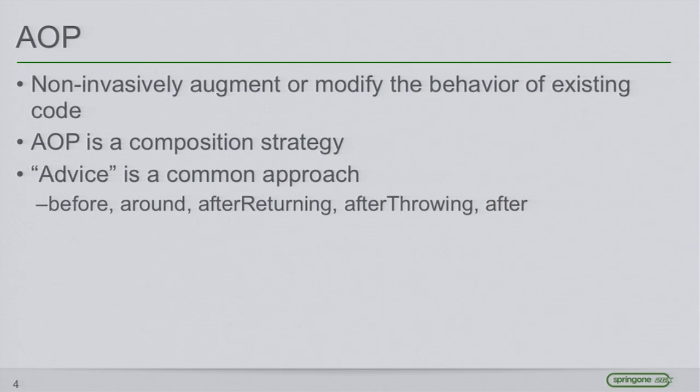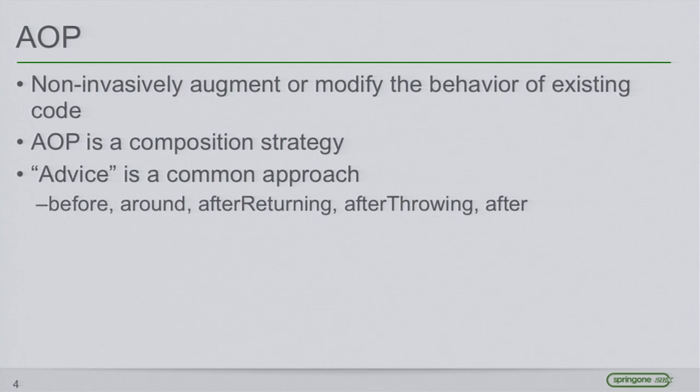So if you've used Spring AOP or AspectJ, you know that you can have some existing classes, even if they're compiled down to bytecode, and you can add new behavior to those classes without changing their source code. So that's your mental model of what AOP can do.